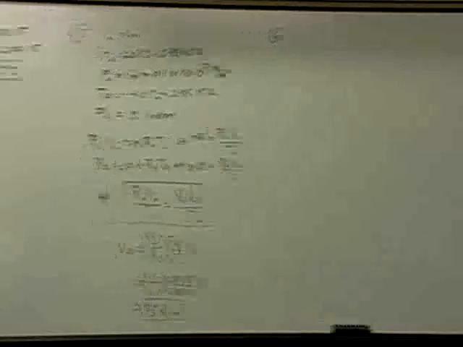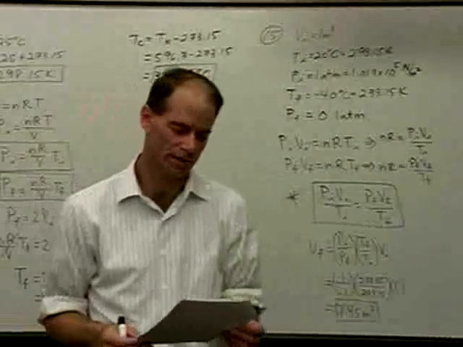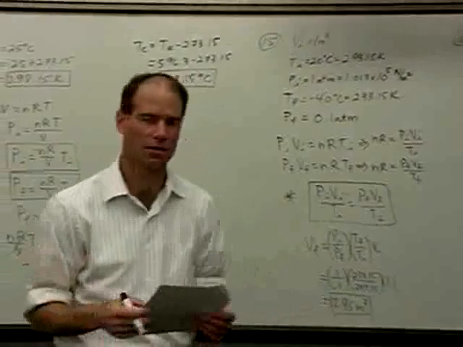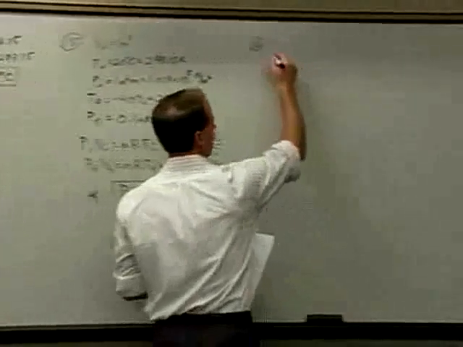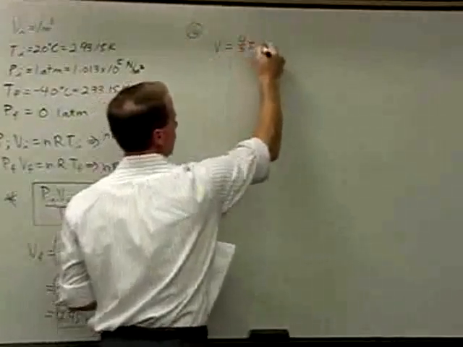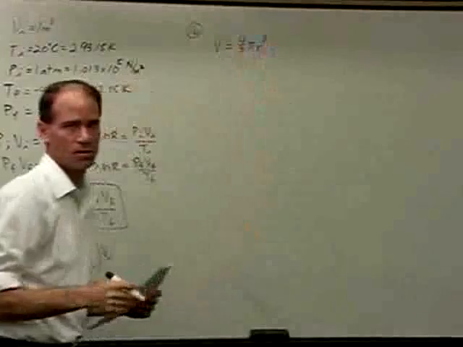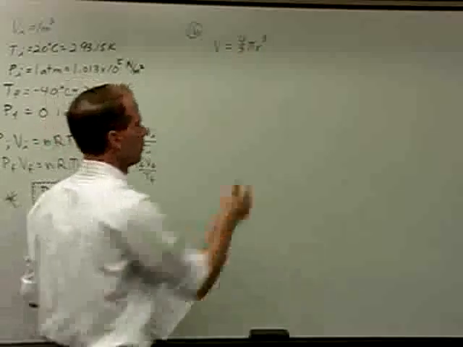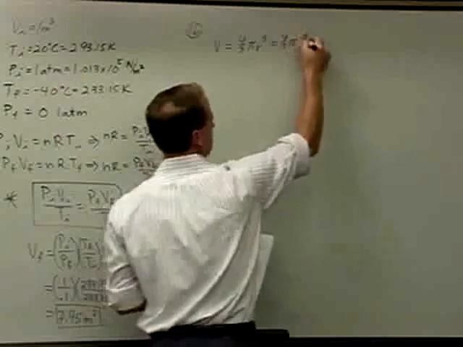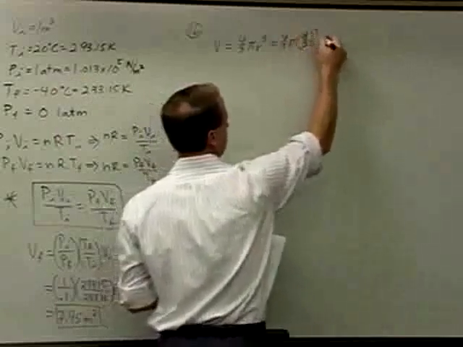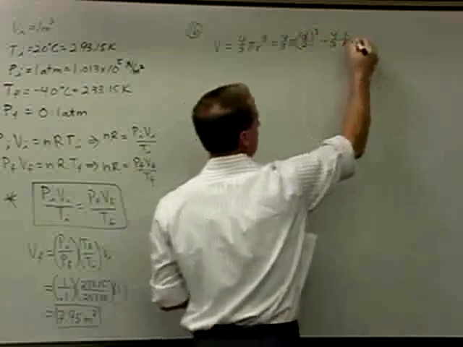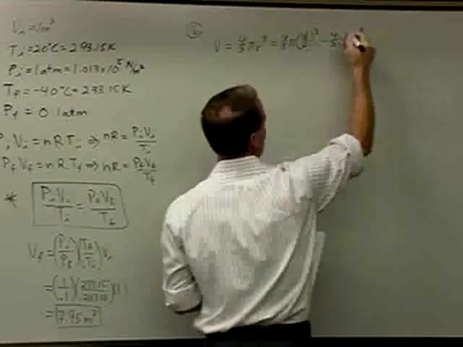We're given a bubble and we're given its diameter, 1 centimeter. But in order to use the ideal gas law, we need to know volume. So the volume of a sphere is 4/3 pi radius cubed. We need to put this in terms of the diameter. So that's 4/3 pi times diameter divided by 2, cubed, which would be 4/3 times 1/8 times diameter cubed times pi.